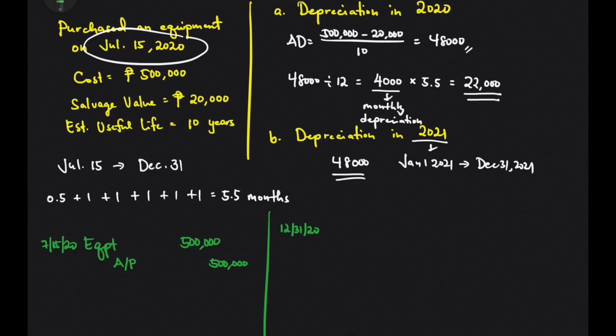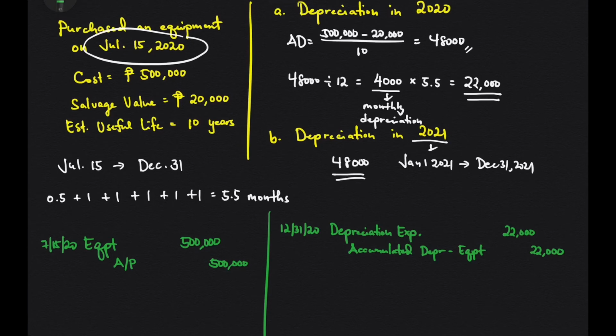So the pro forma here is debit depreciation expense and credit accumulated depreciation, and then write the pertinent account title, equipment. For the amount, we already computed it, 22,000. And that is your adjusting entry.